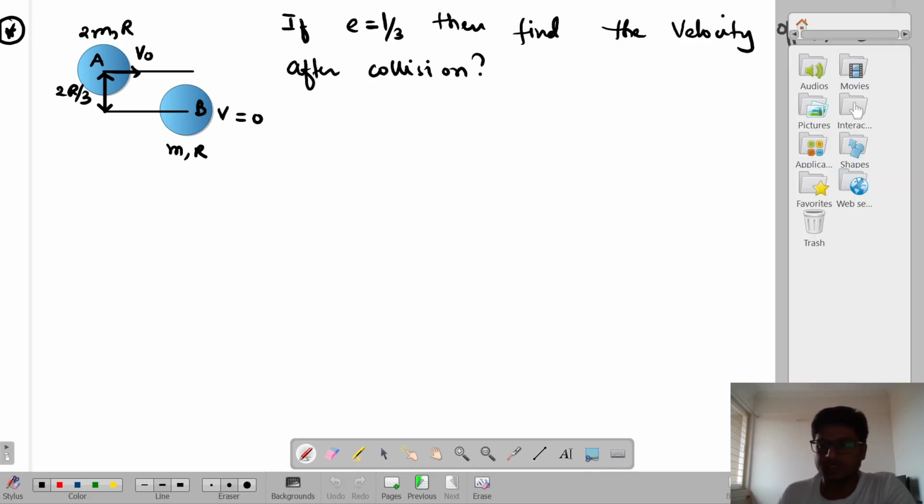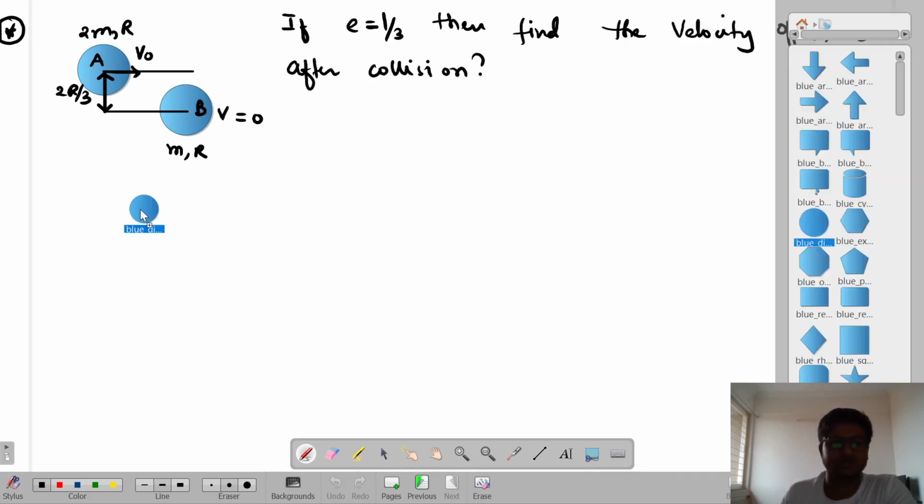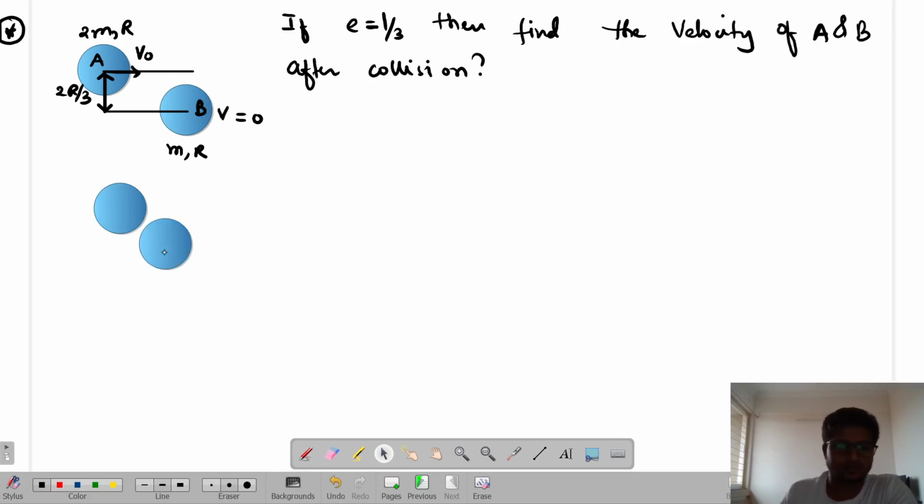Okay. Let us just see what happens when they collide. So they got collided over here. And the gap between their centers is known to us.